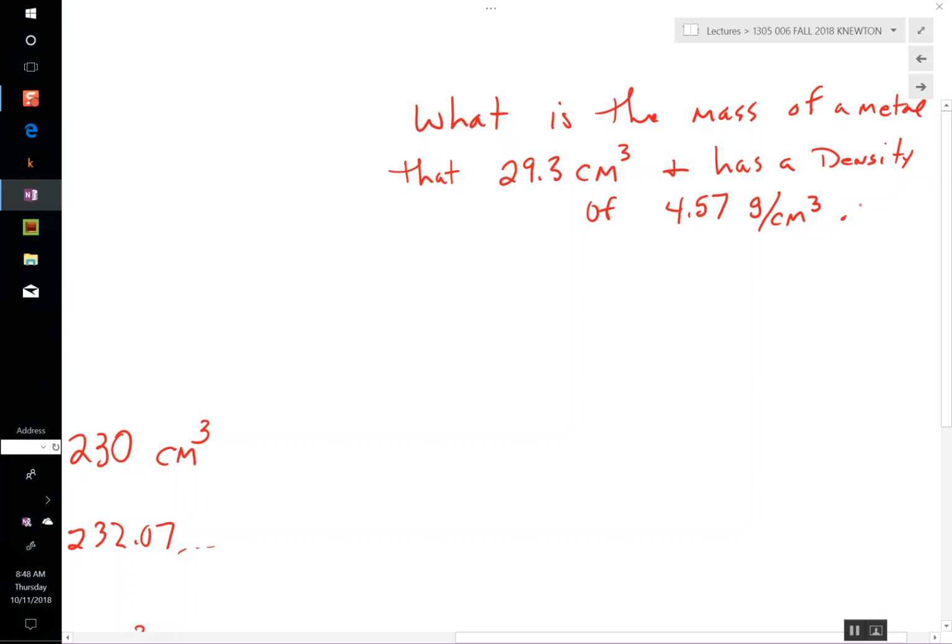All right, so solve that problem using everything I just told you right now. Read the problem, analyze the problem, use the equation, rearrange the equation, evaluate the units, and then calculate the answer.